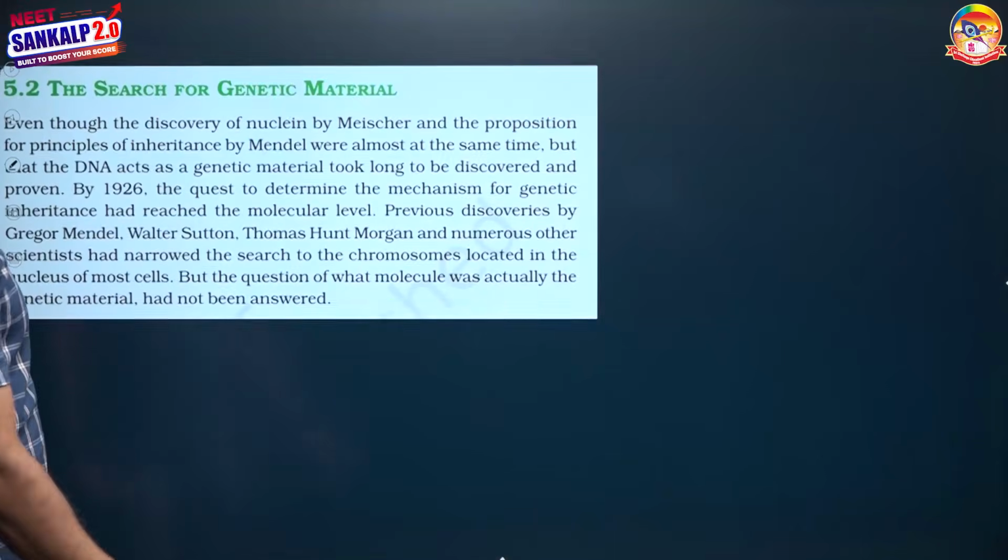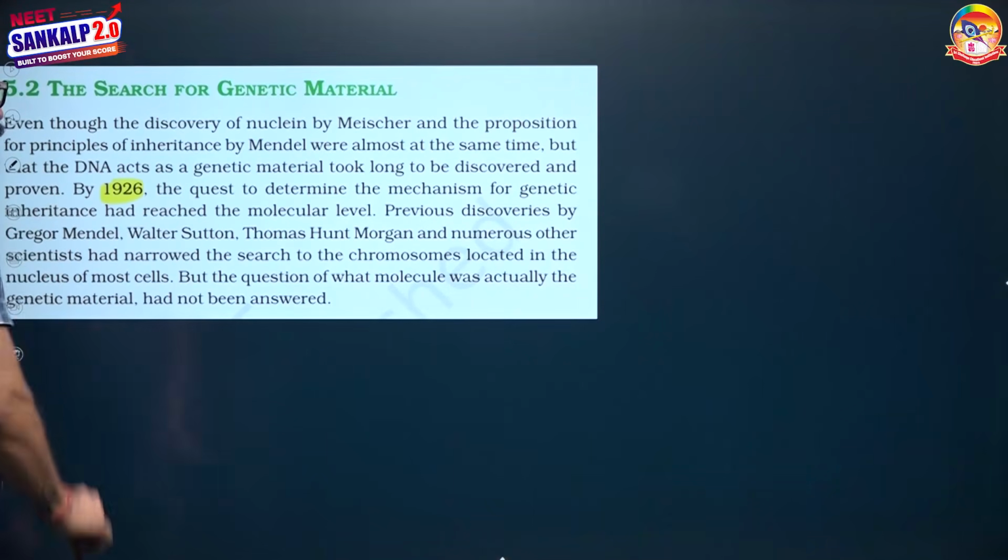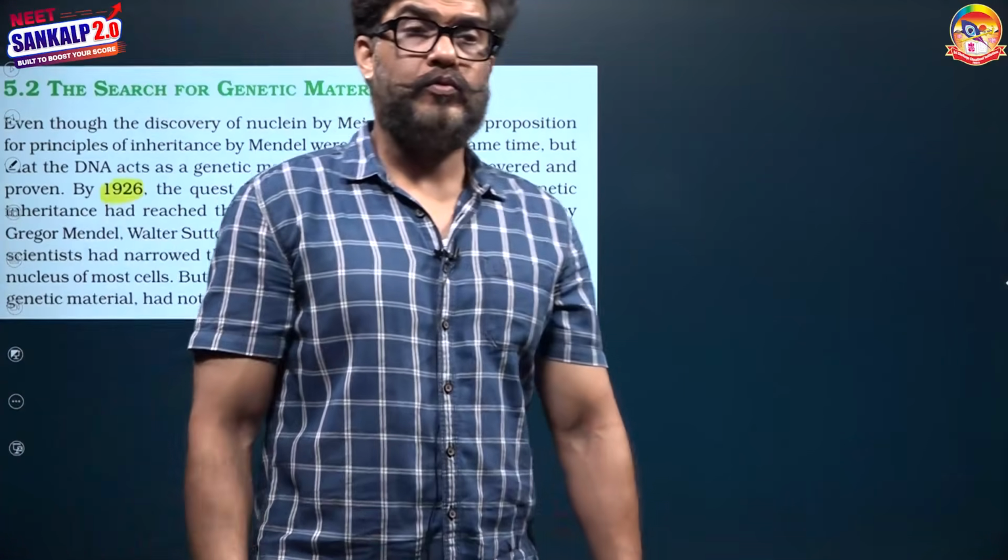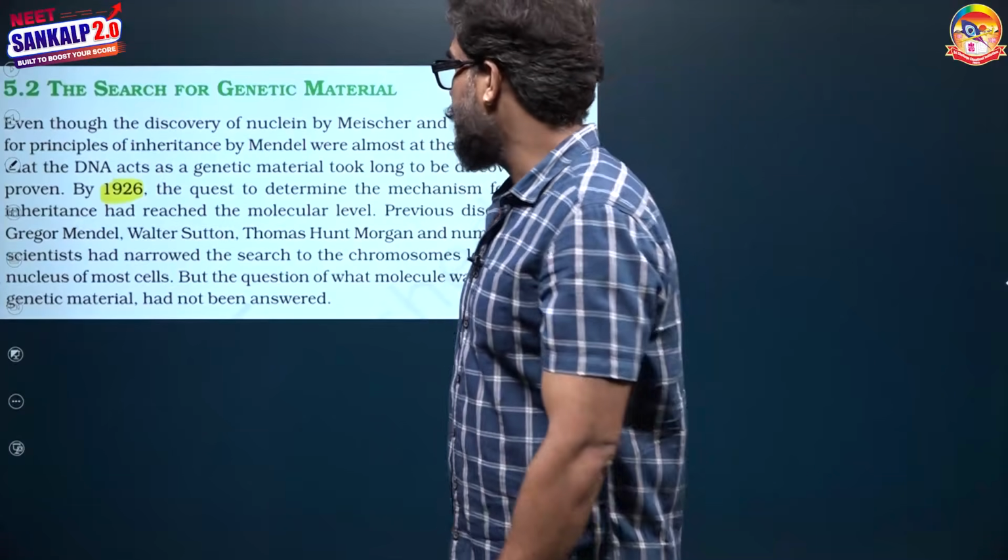Search for the genetic material. Even though the discovery of nuclein by Miescher and the proposition of the principles of inheritance by Mendel were almost at the same time, the fact that DNA acts as the genetic material took long to be discovered and proven. In 1926 it started. The question was addressed by two scientists, Sutton and Boveri, who suggested that chromosomes are the basis of inheritance.